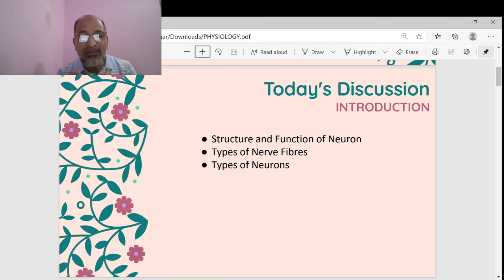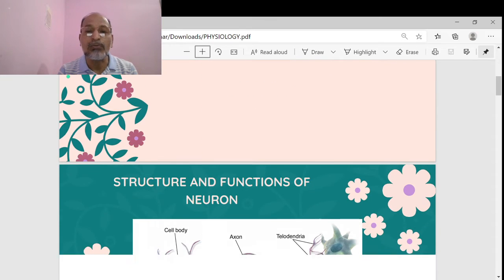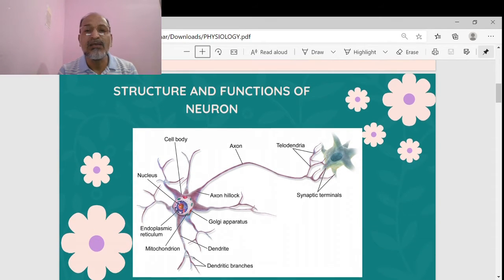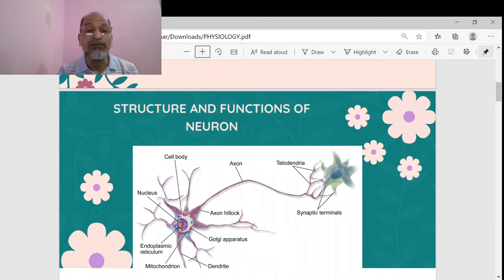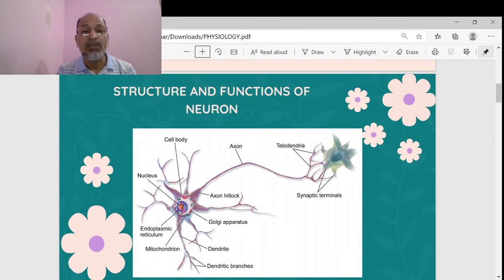So to begin with, as you know, for any surgical topic or any physiological topic, you must know the structure. The structure is now evident on your display, and the picture displayed over here is a typical neuron.